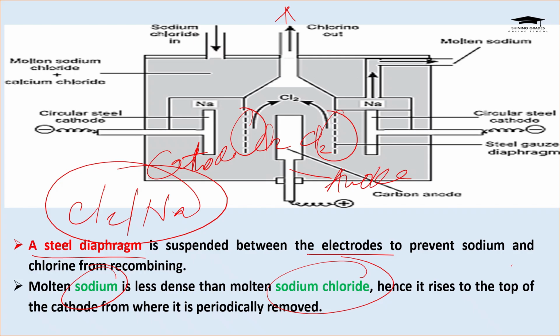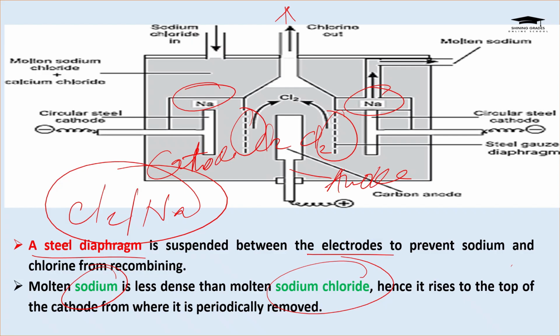So sodium, being less dense than molten sodium chloride, rises to the top of the cathode, and it is easily or periodically removed from that chamber and collected into the specific containers or tanks.